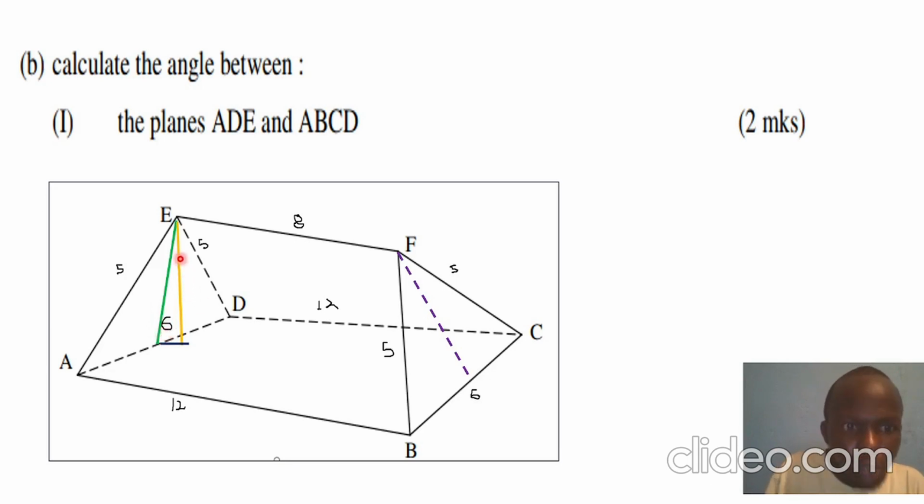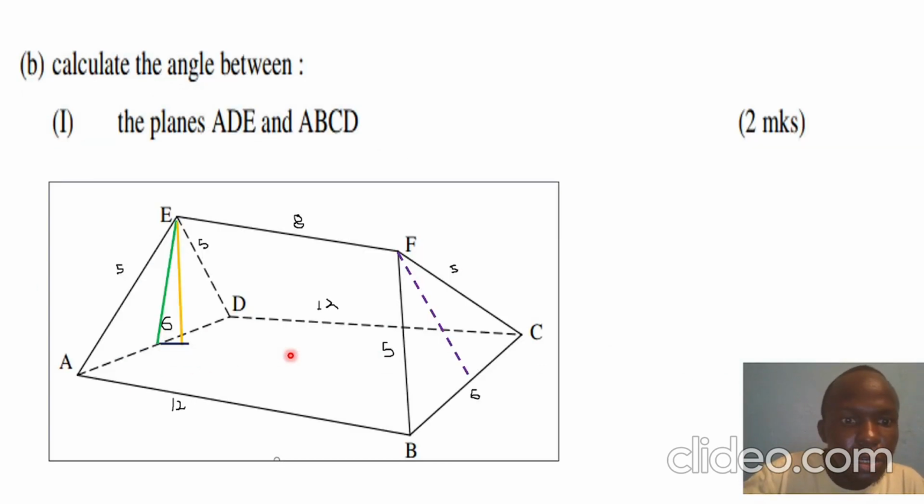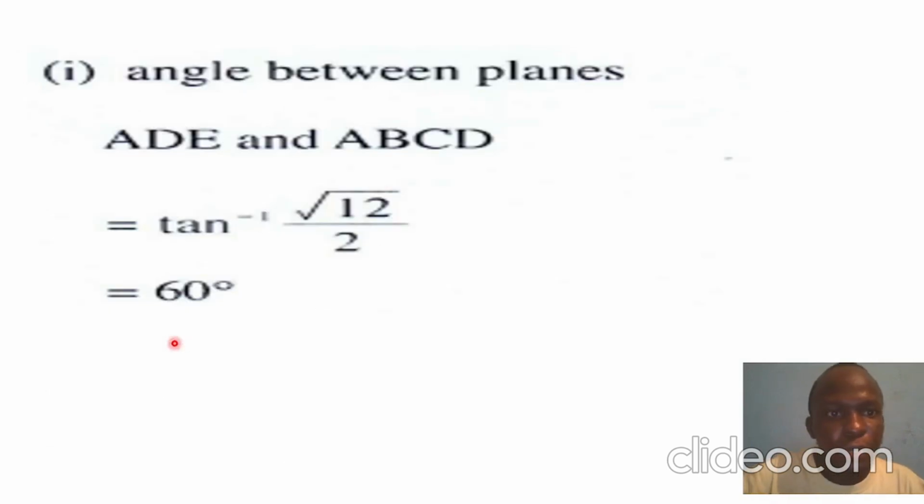So we are going to use this height, which we already found as root 12, or 3.46, and we are also going to use this length marked in green, or rather we can also use this length below. Let us go to the solution.